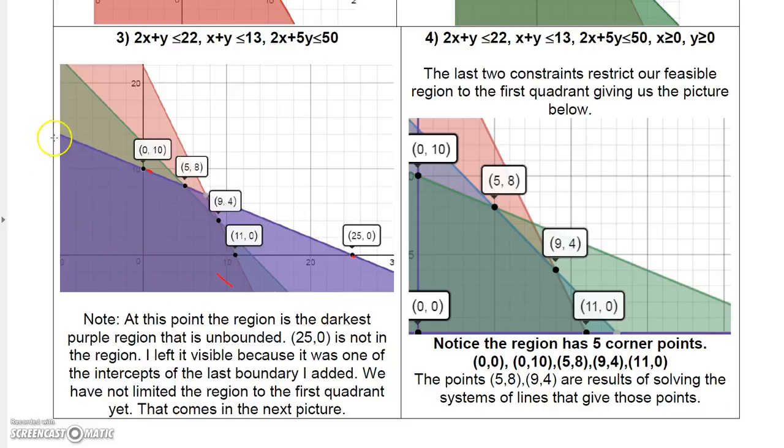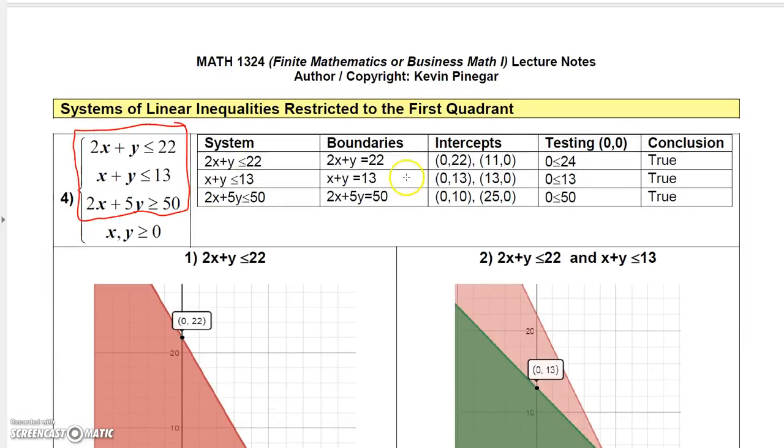Basically, we're bounded here, and then here it turns, and then here it turns again. So we've got everything below those boundaries. But what we've also got, which you might not have noticed, is that x and y must be greater than or equal to 0.